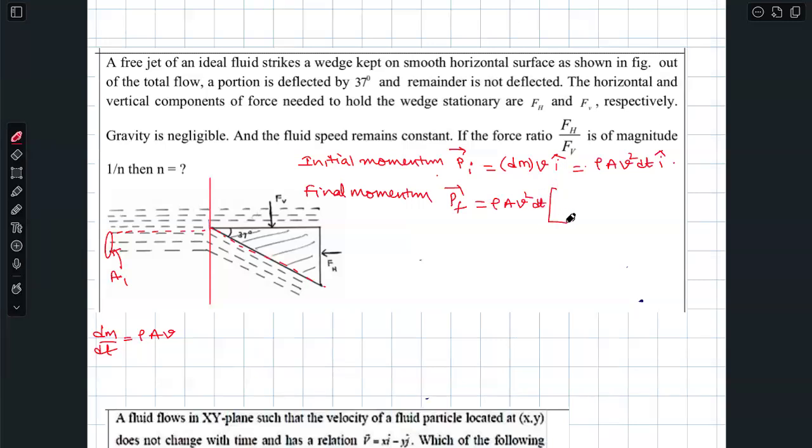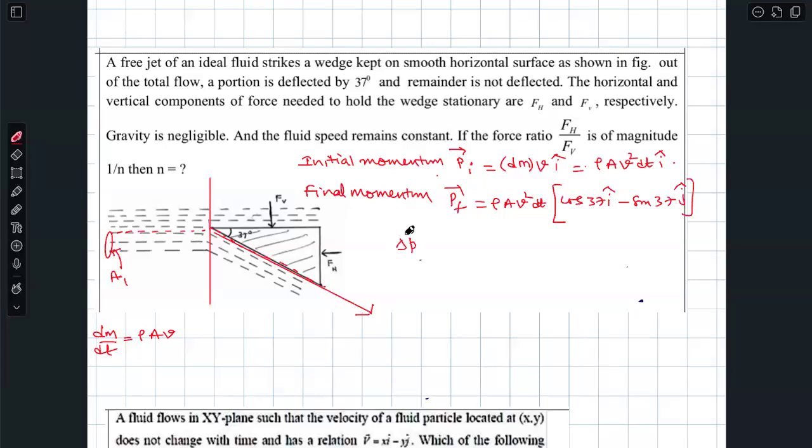But the issue is that there is a direction change. In this direction it is going. So a unit vector in that direction will be cos 37 i cap minus sin 37 j cap. Agreed?